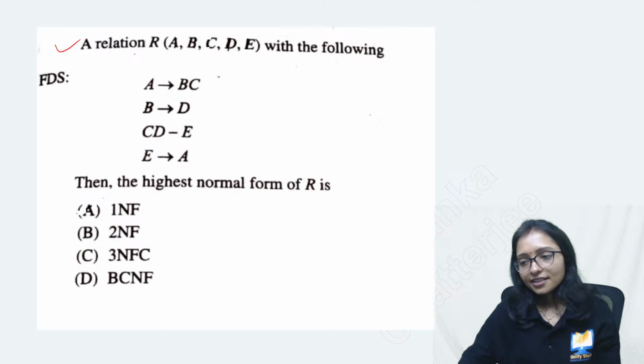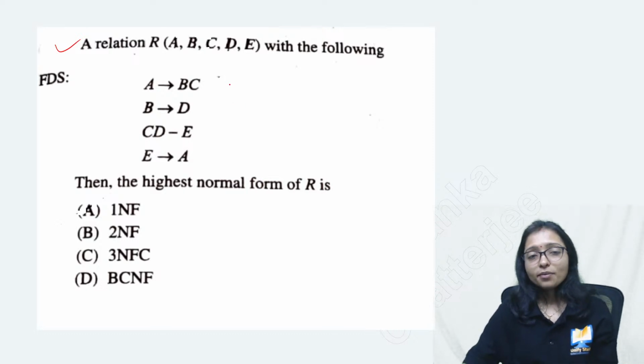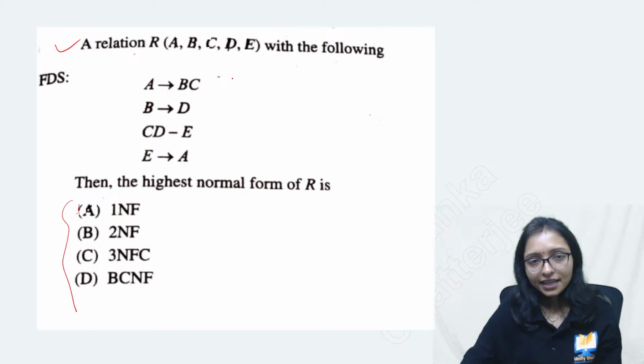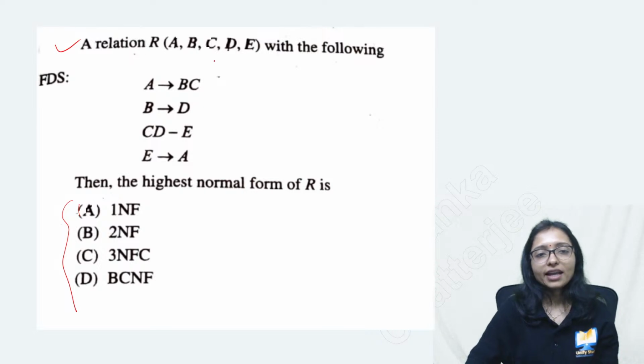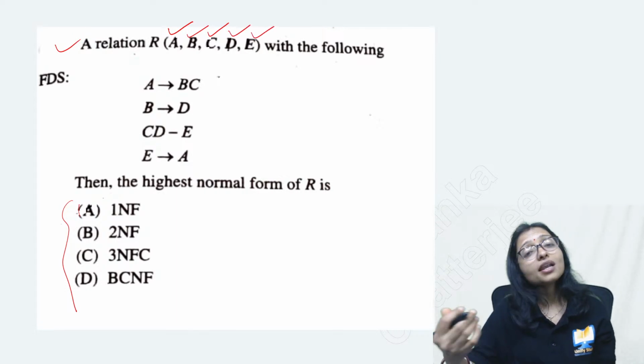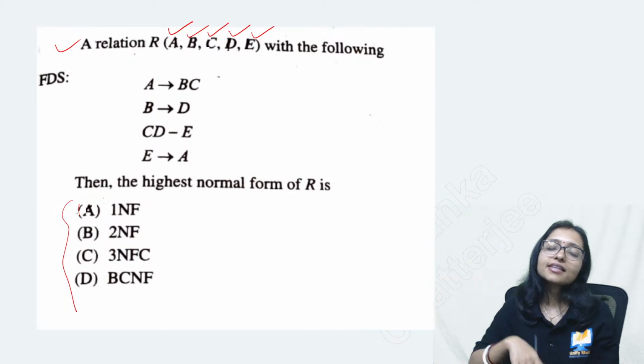Achha. Then which normal form is it? Then tell me which one is the correct answer. Here you can see the trick will not be applicable. A is present, B is present, C is present, D is present, E is present. All are present in the right hand side.